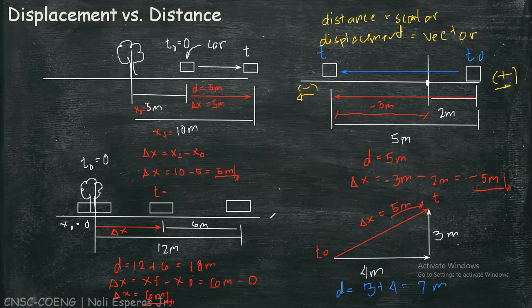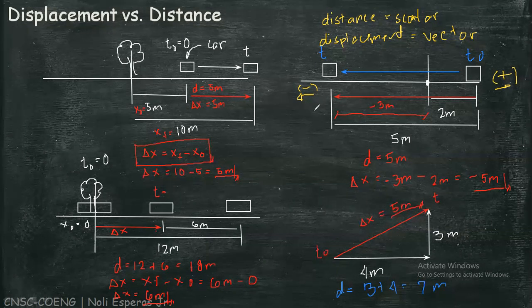And we can solve for displacement using the formula delta x is equal to final position minus initial position. And take note, since it is a vector quantity, direction is important.